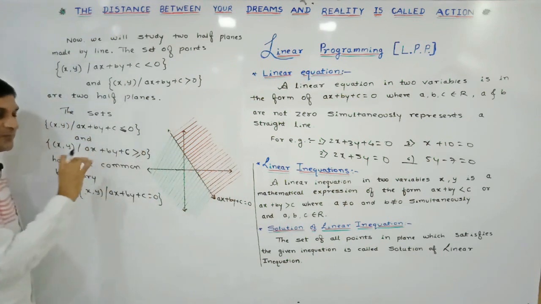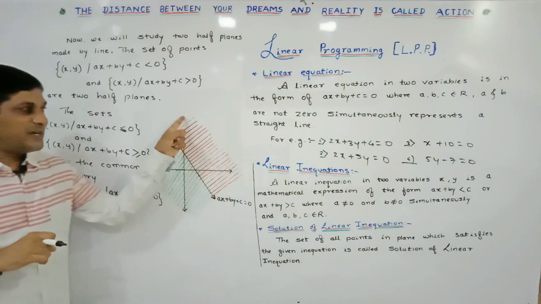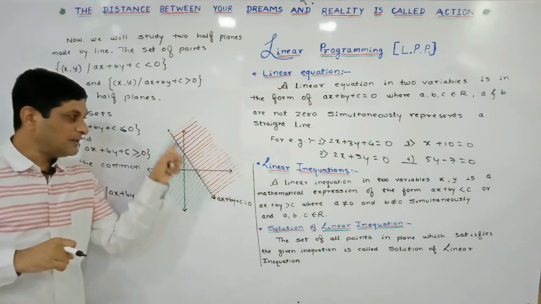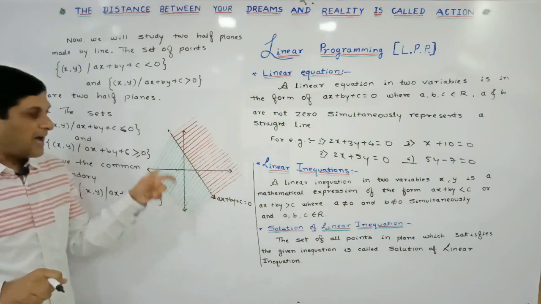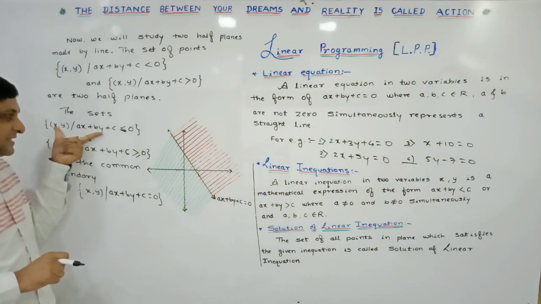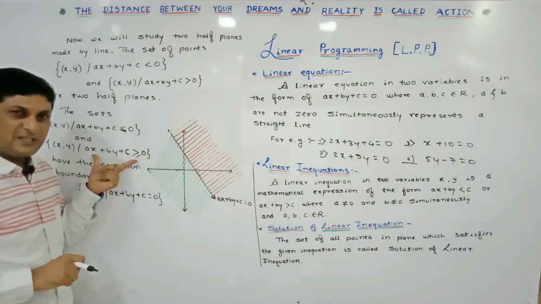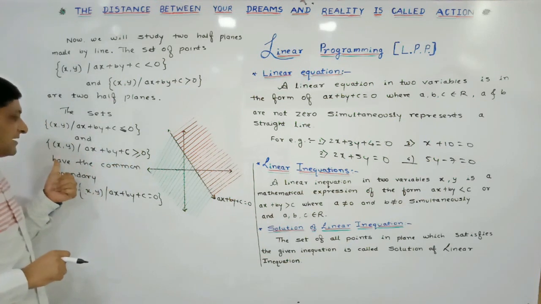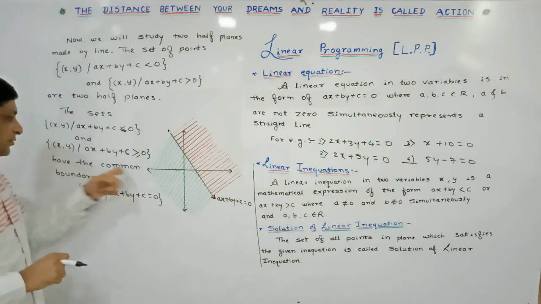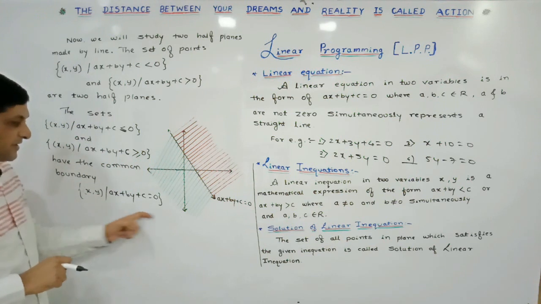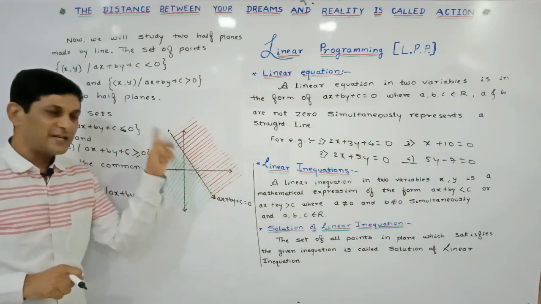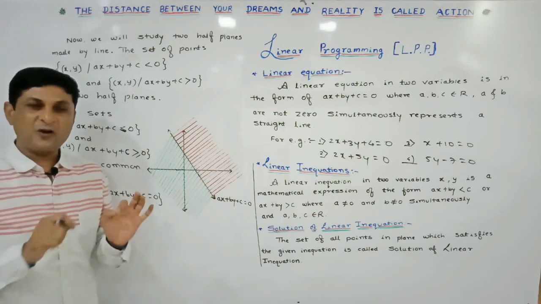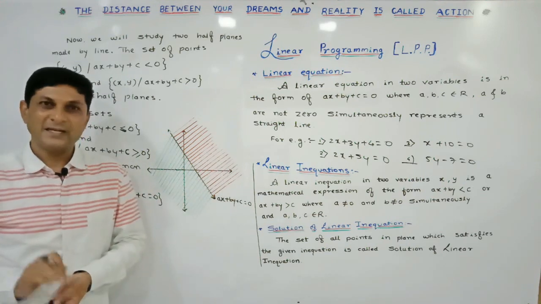So the points on the line are also part of this set and also part of the other set. That's why we can say that these two half planes have a common boundary. Which common boundary? Ax plus by plus c equals 0. This straight line is the common boundary of these two half planes, isn't it?